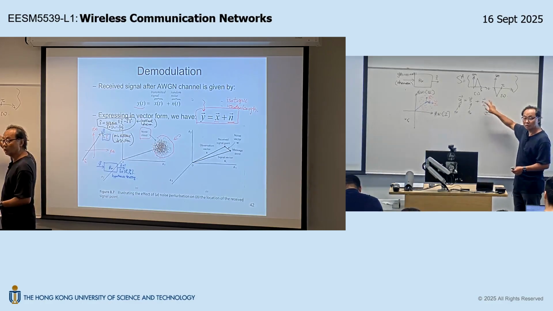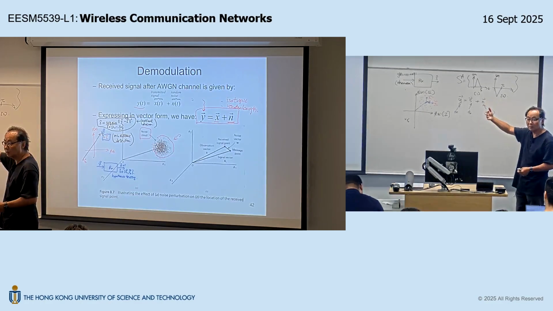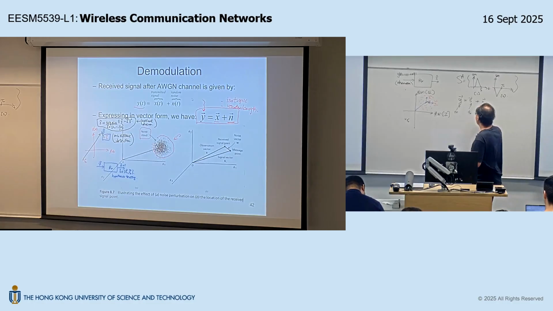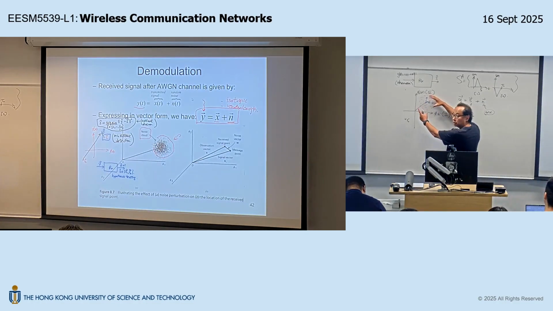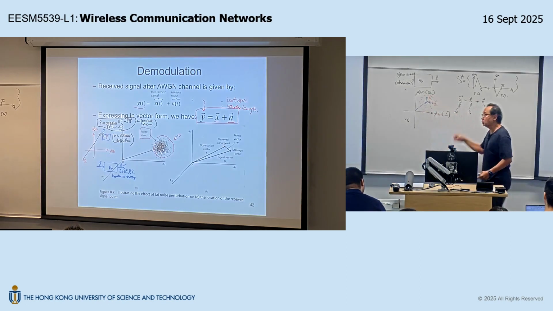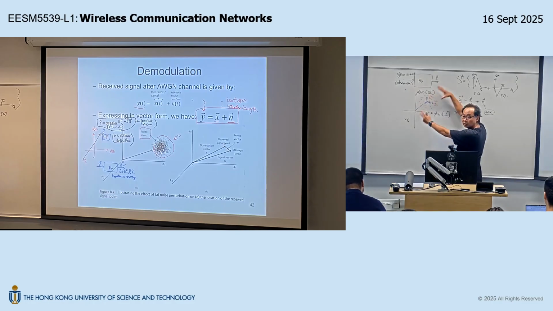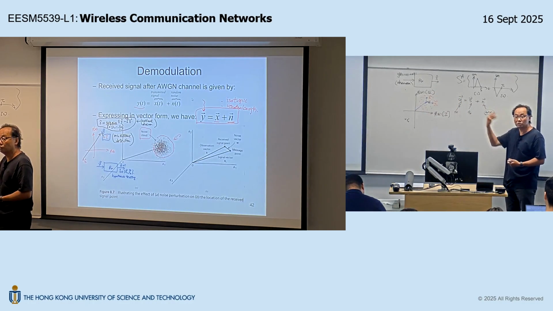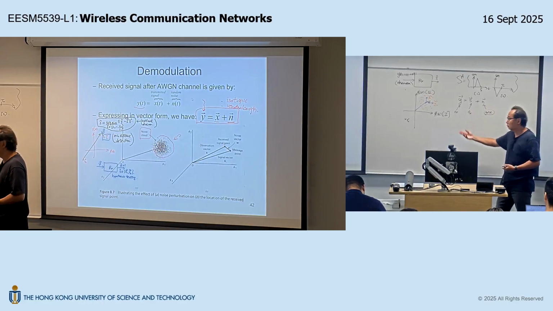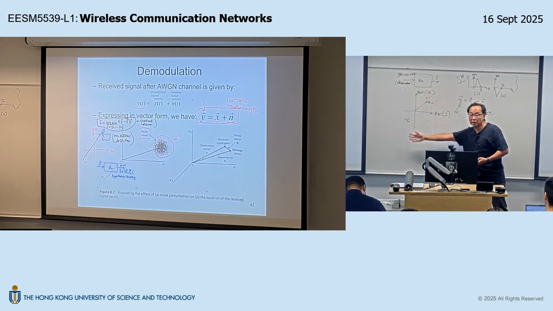And remember, the average length squared gives you power. So for a given noise power, it will determine a certain size of the noise cloud. In other words, when the noise power is higher, the noise cloud will be bigger. That's a geometric association. So with this, hopefully we can visualize what the received observation would be on the signal space.